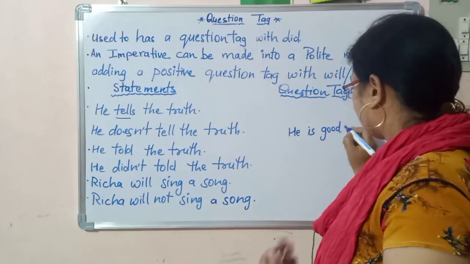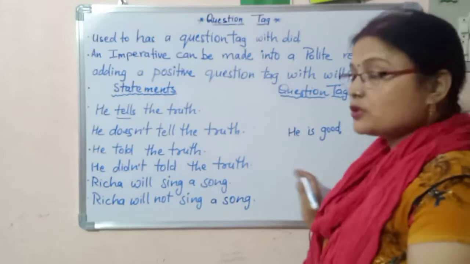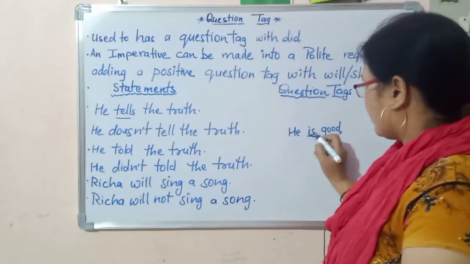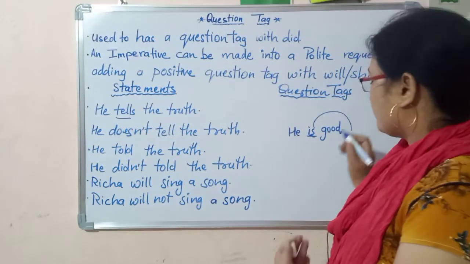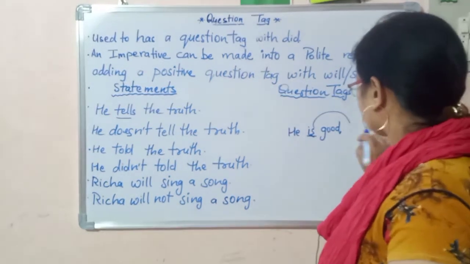When we add a tag, what should we do? First we keep a comma, not a full stop. The helping verb given there, the same helping verb we write after the comma. That means we repeat it again.